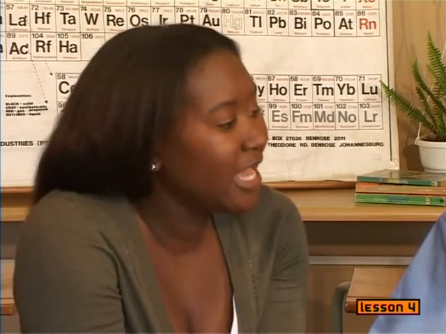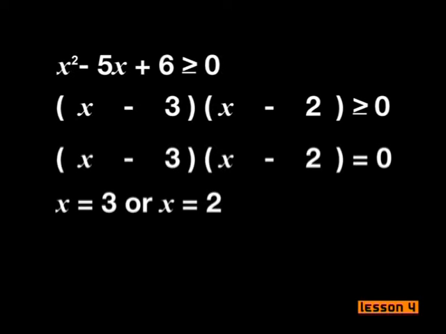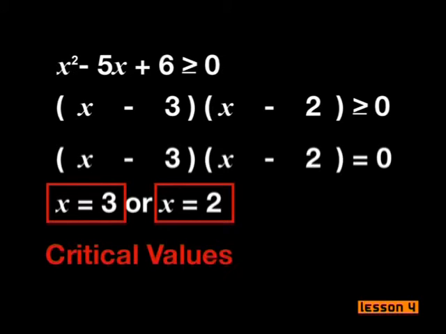Very good, Deborah. And we can use this to give us an indication of where the factors satisfy the inequality. We already know that the result is 0 at each of these points. This means that each of these points represents the point where the solution changes from positive to negative, or from negative to positive. We call these points the critical values.